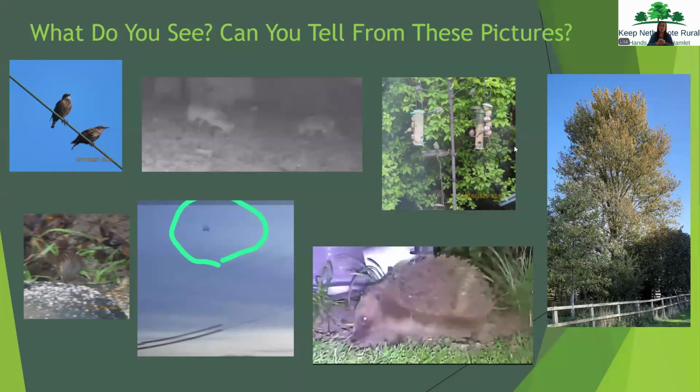So again, we've got some pictures to illustrate what I'm trying to explain. On the top left here, a good clear picture of some birds showing their features. Of course, if possible, we'd have them from different angles, but that's not always possible.